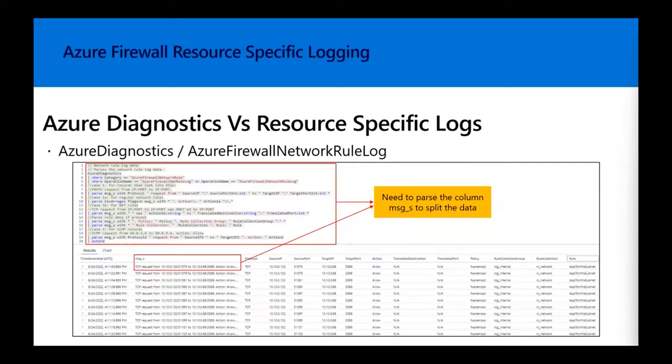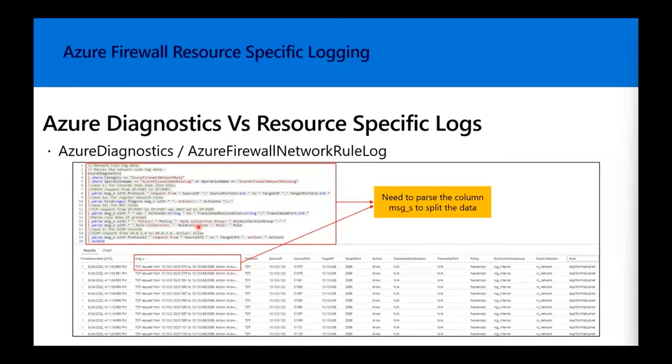I know it might not be very good reading these screenshots here, but this is just an example showing the difference in how you write the custom query when you're using the Azure Diagnostics logs.